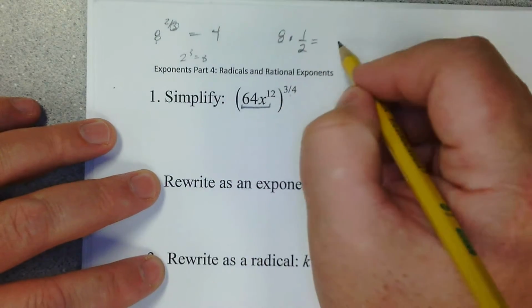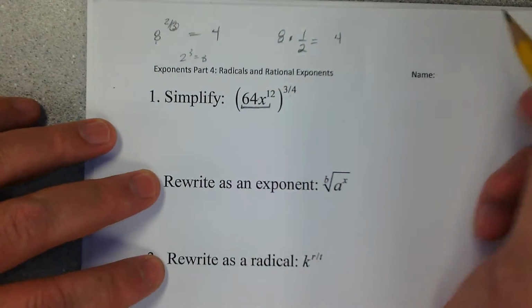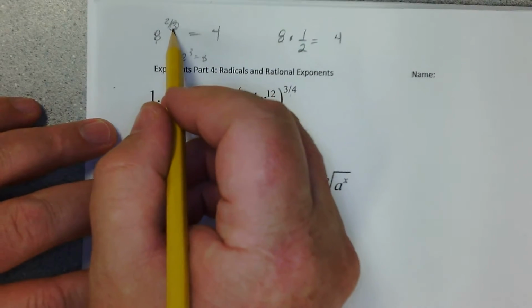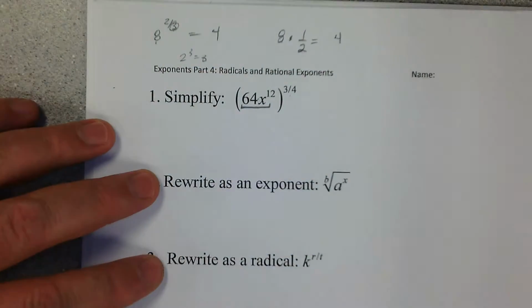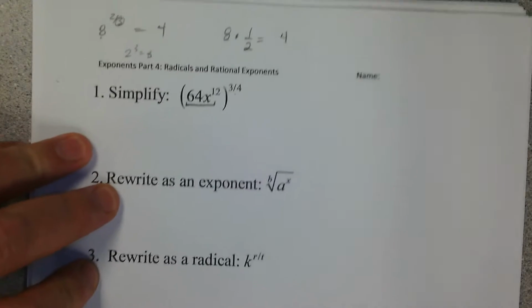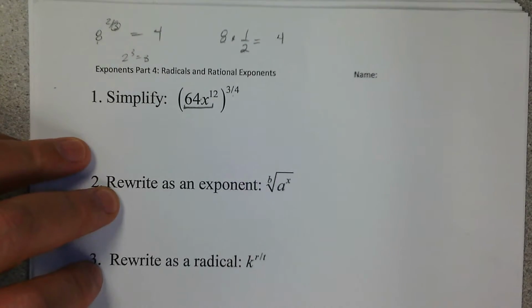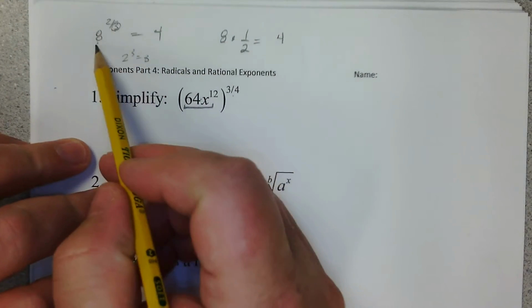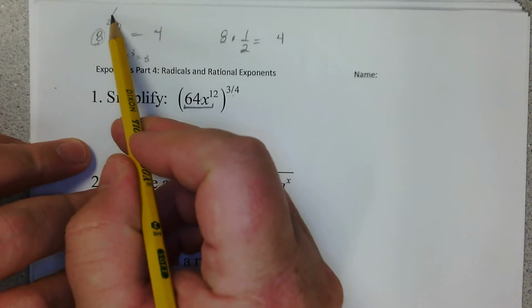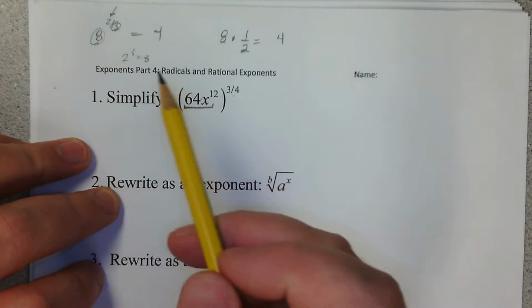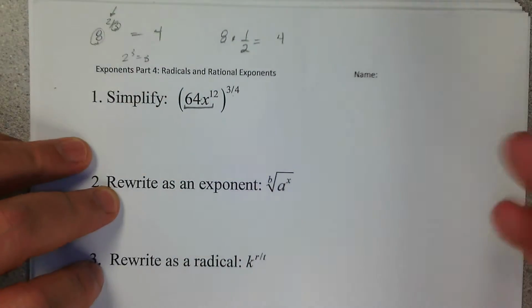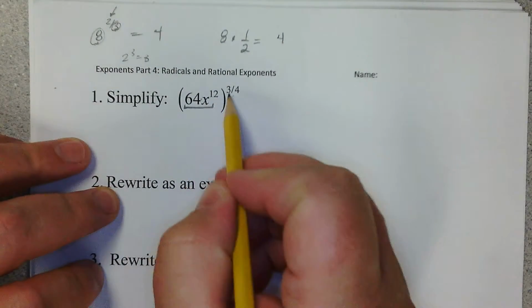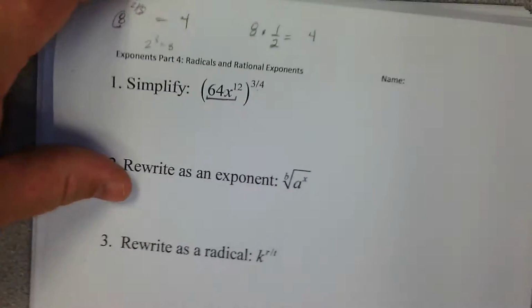How much do I have if I have one of those? We can think about it that way. Whereas this is a little different because it's an exponent. It's a fraction. It's an exponent. So we can think about that as saying, what times itself this many times equals the base. And then what do I have if I have that many of that particular number? Okay, so anyway, everything in this base gets the power of 3/4.